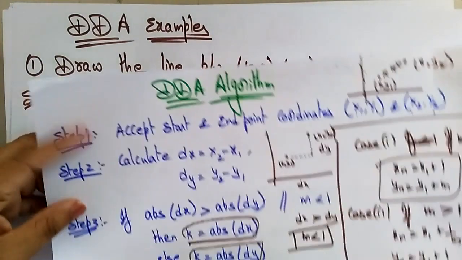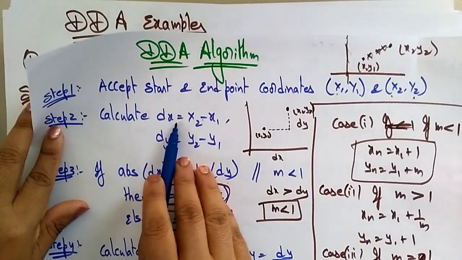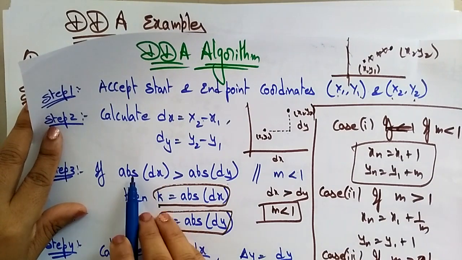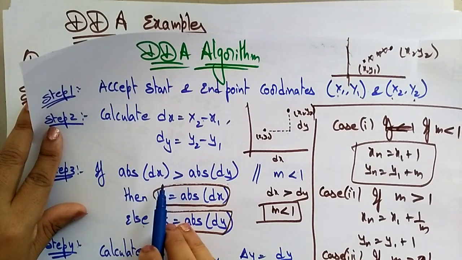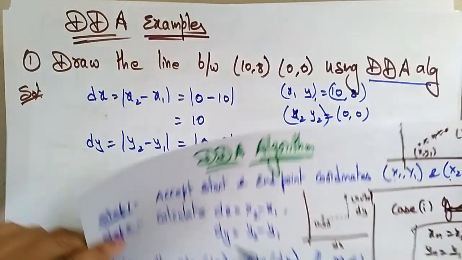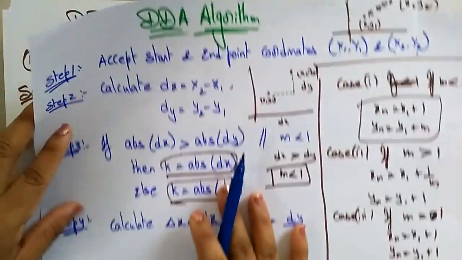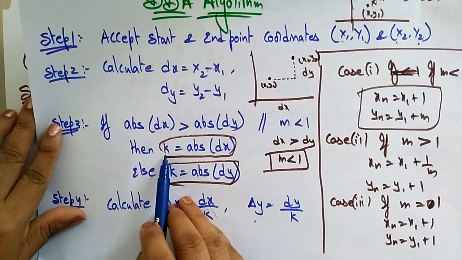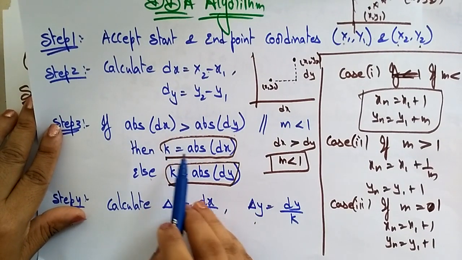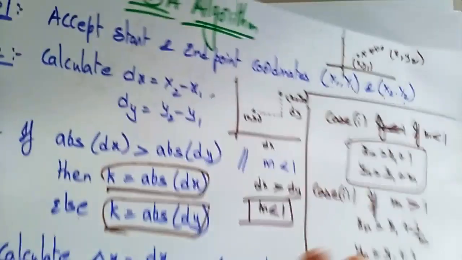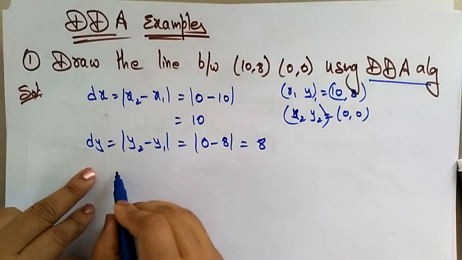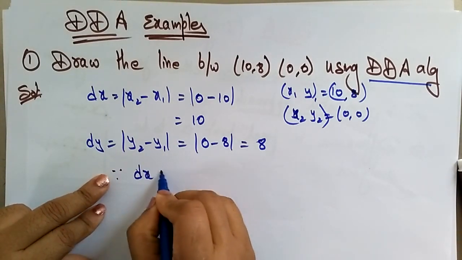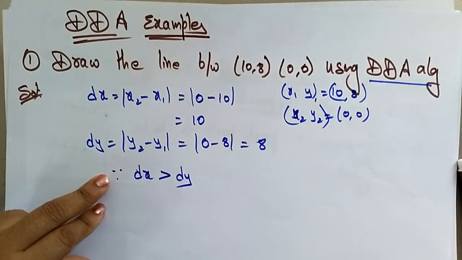This is the second step, where I calculate the dx and dy values. After that I have to check the absolute values, that is the modulo. If absolute of dx is greater than absolute of dy, then I assign k equal to absolute dx. Here, in the third step, dx is greater than dy.